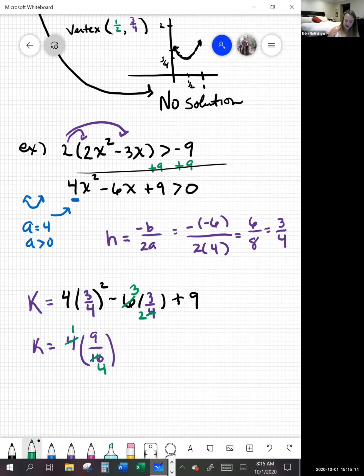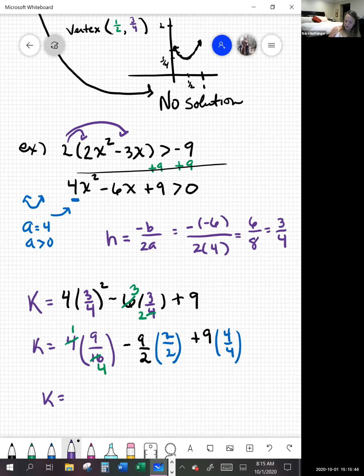So multiplying straight across, I get minus 9/2, for which I'm going to need a common denominator, which is 4. So let's multiply that by 2 over 2, plus 9. This one needs to be multiplied by 4 over 4 to get the common denominator.